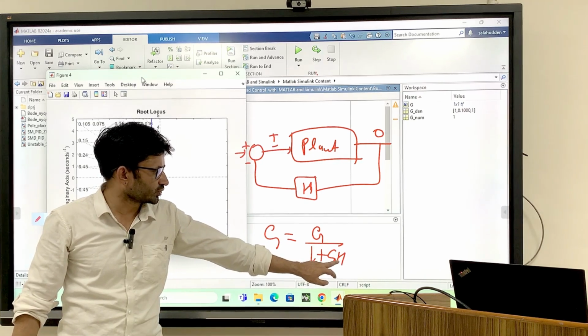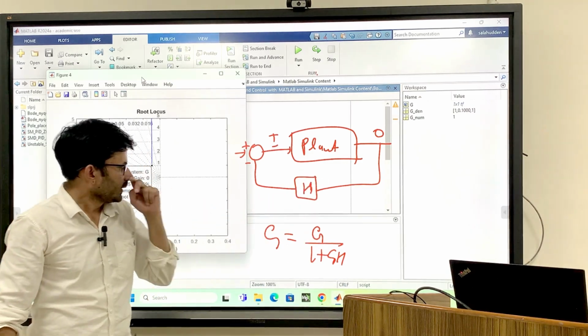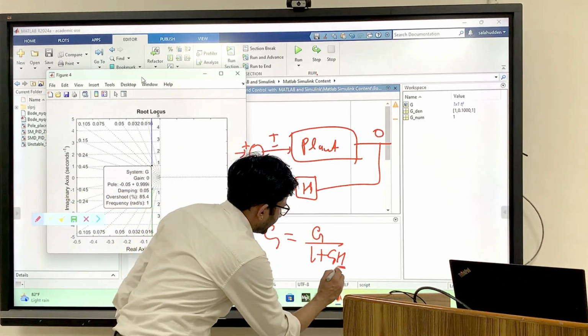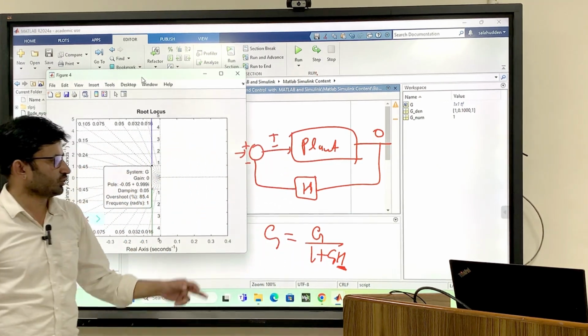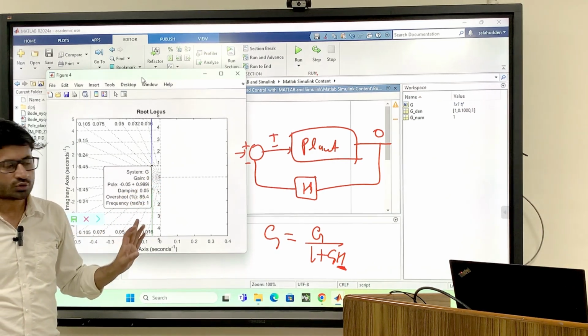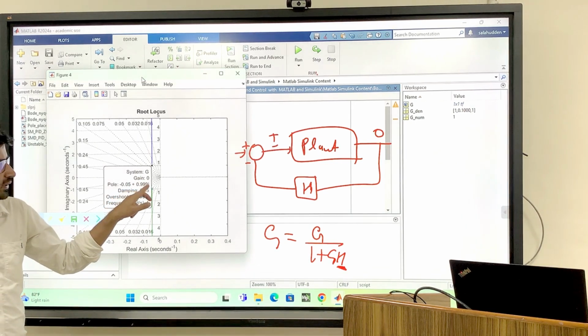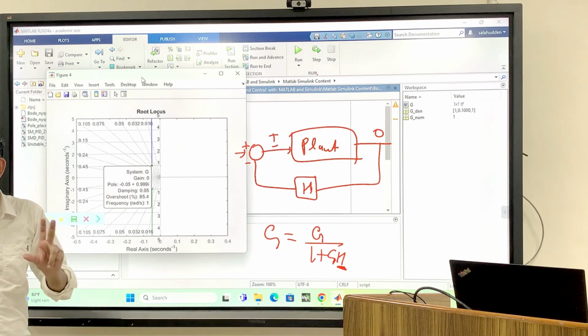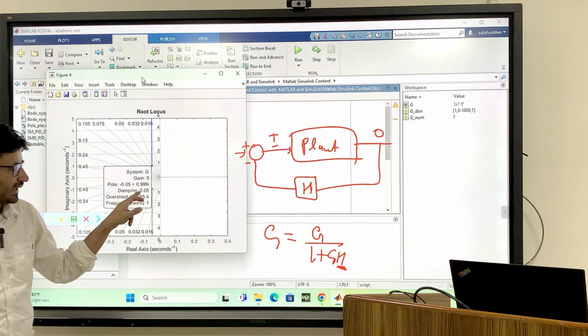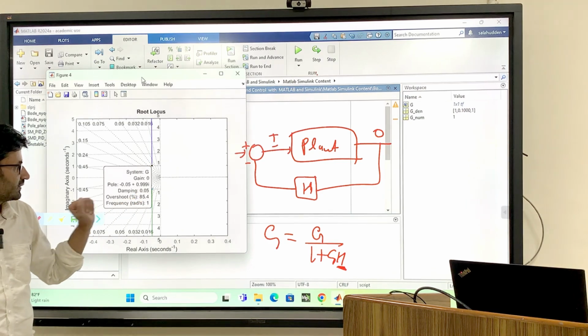When you put h equal to 0, you get the open loop transfer function. When you change this gain h, you will be able to change your pole location. So when you put h equal to 0, meaning gain equal to 0, you get the natural response and root location, and the damping considered is 0.05, as it is showing here.